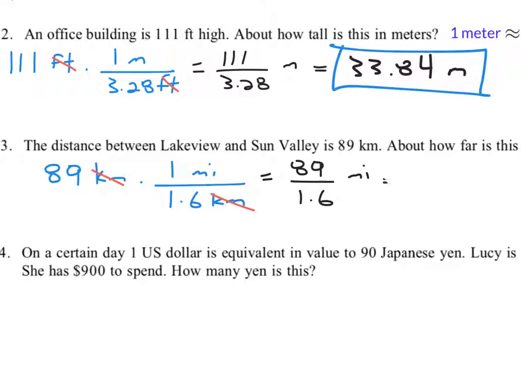So I'm going to actually put, let's get rid of this and put a wavy equals, saying it's approximately equal to, and I should do that up here as well. Okay, approximately equal to. Well, it's approximately equal to what? It's approximately equal to 55.3 miles.